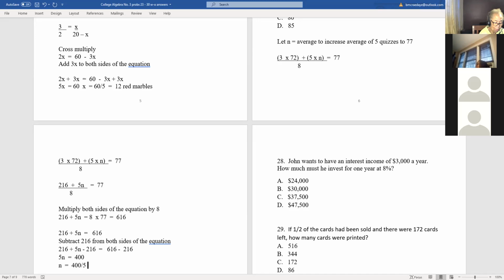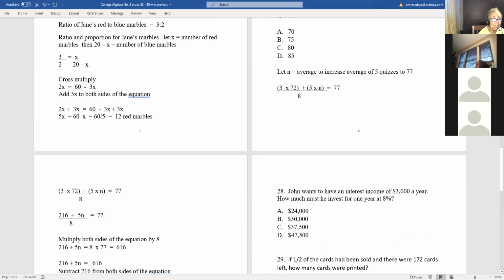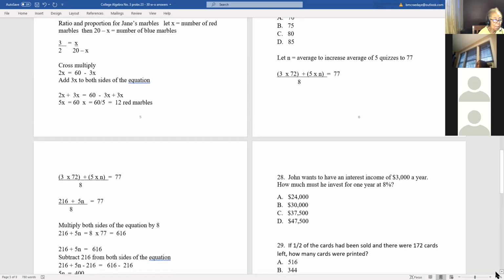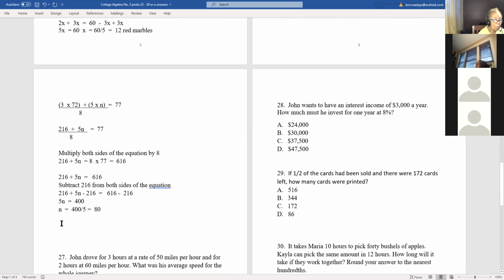And what's 400 divided by 5? 80. That's your answer. And that was one of your choices. So what is 80? What choice? A, B, C, or D? C. That's right. Answer C.